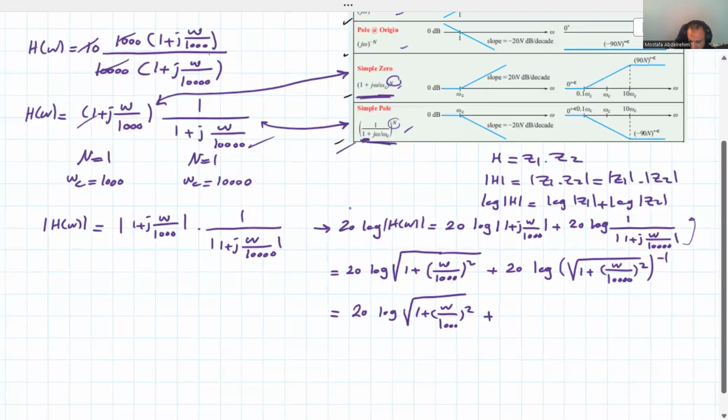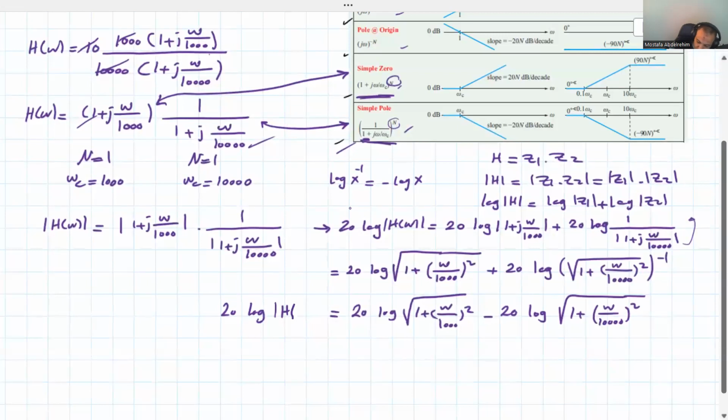Not minus, because log x to the power of minus 1 equals minus log x. So we drop the minus here, 20 log, and you have the square root of 1 plus omega over 10,000. Okay, that's 20 log magnitude of H of omega.